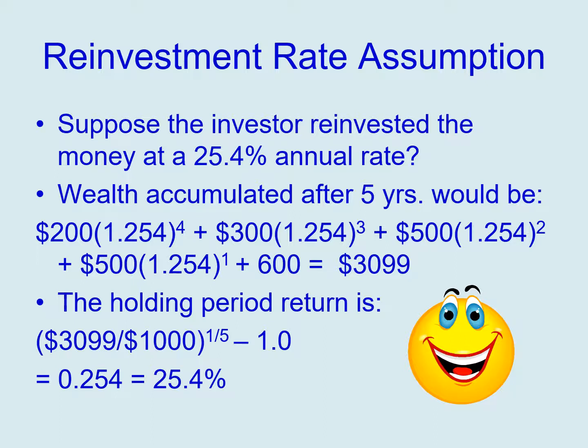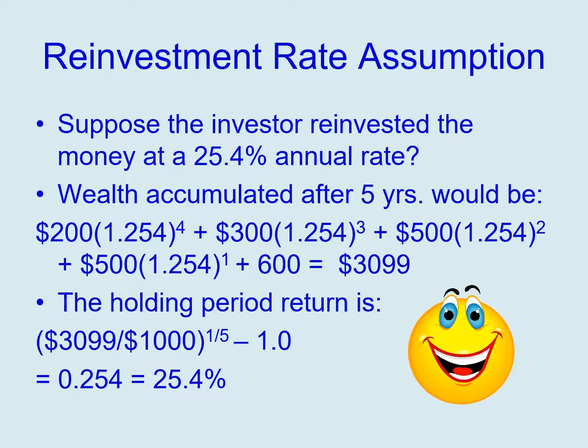So it gets to accumulate 25.4% for 4 years. The $300 you get in year 2 gets to accumulate 25.4% for 3 years until we get to the end of year 5, and so on, right?